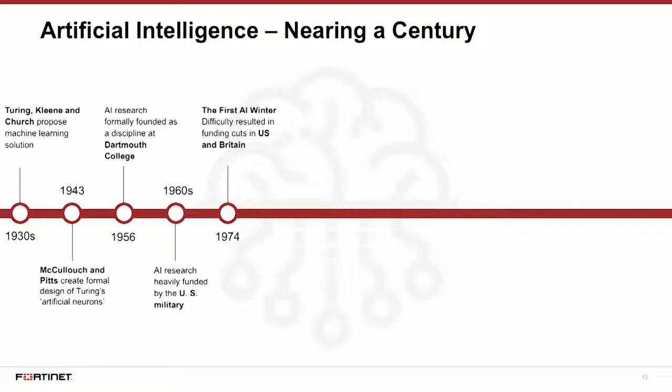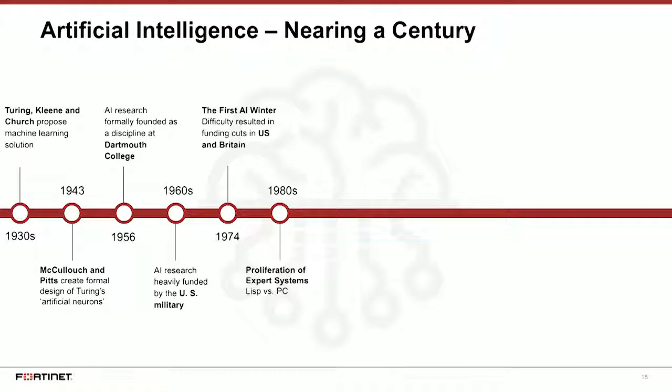So that failure to comply with expectations led to the first AI winter, where research money was taken away from these institutions.